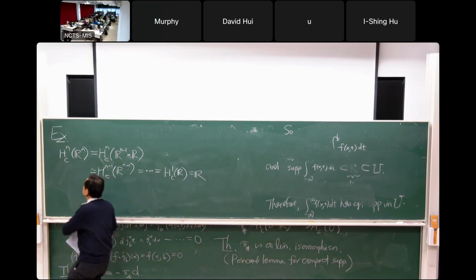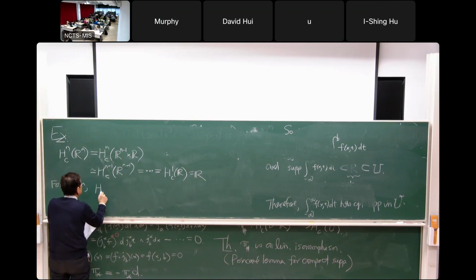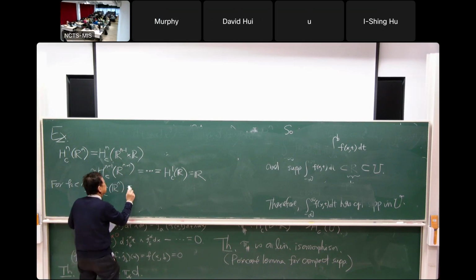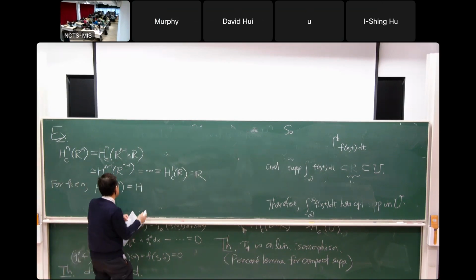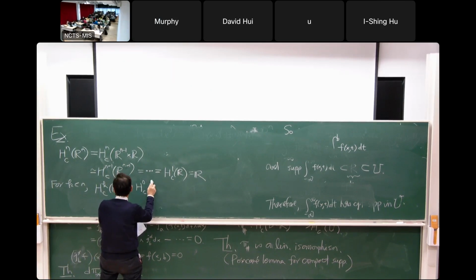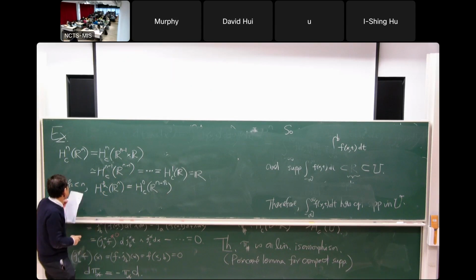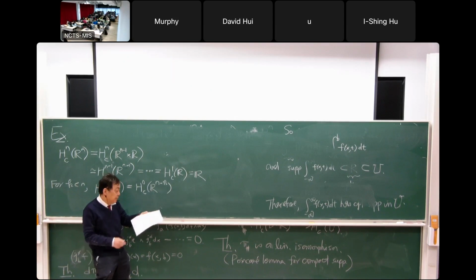And then now if you look at dimension less than n, HK with compact support of Rn would be, now each time you reduce the K by 1 and N by 1, so eventually you get K equal to 0, and then N is reduced by K. Okay? So for K less than N, this is R, R square, R cube, and so on.